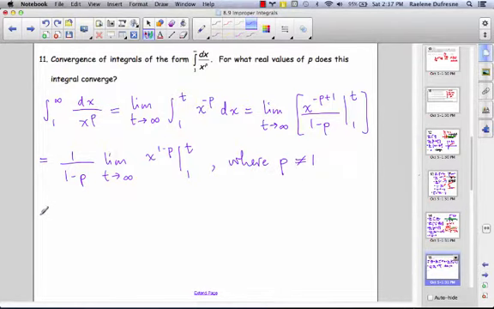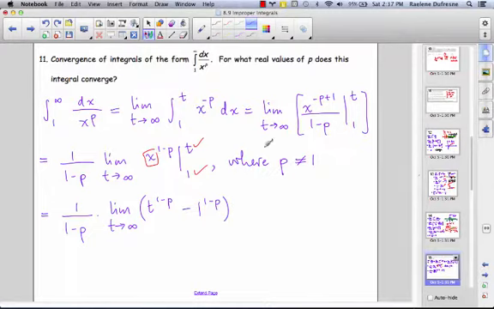Now let's continue on. We have 1 over 1 minus p, a constant, times the limit as t approaches infinity of t to the 1 minus p. And don't forget that x is the variable that we are substituting the bounds in for. So t to the 1 minus p minus 1 to the 1 minus p. Now, as long as p doesn't equal 1, 1 minus p is a constant that's not 0.